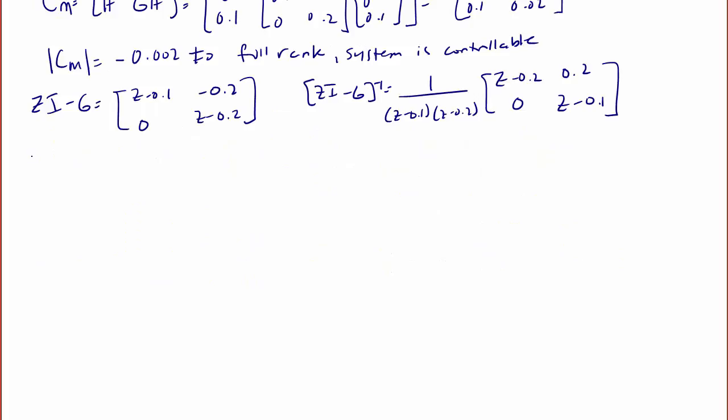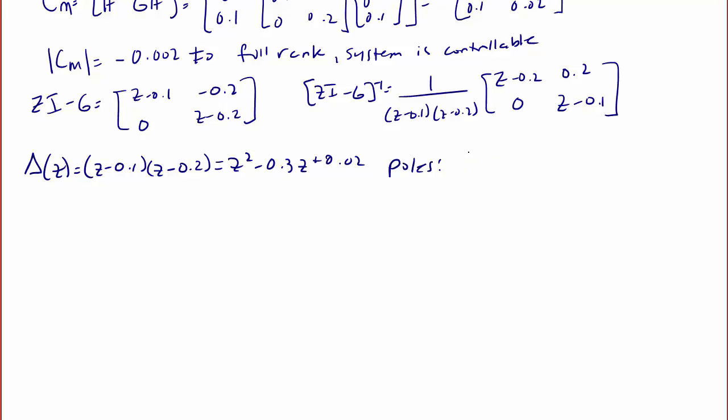So the characteristic equation, delta of z, is equal to (z minus 0.1) times (z minus 0.2), which equals z squared minus 0.3z plus 0.02. And so the original control system has poles at 0.1 and 0.2, and we're going to design the system so that the new poles are at negative 0.1 and negative 0.2.